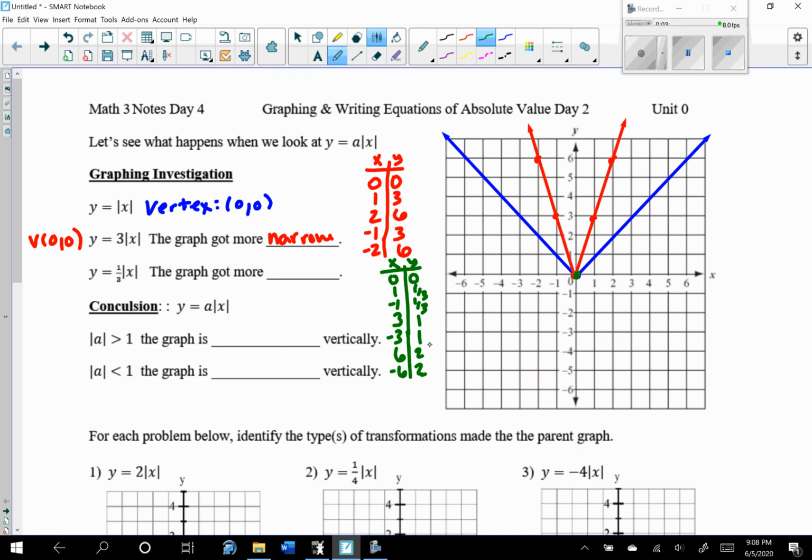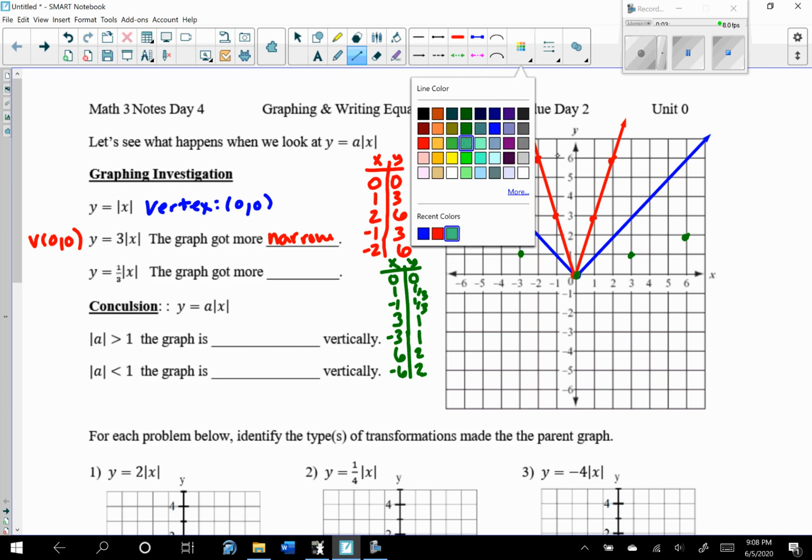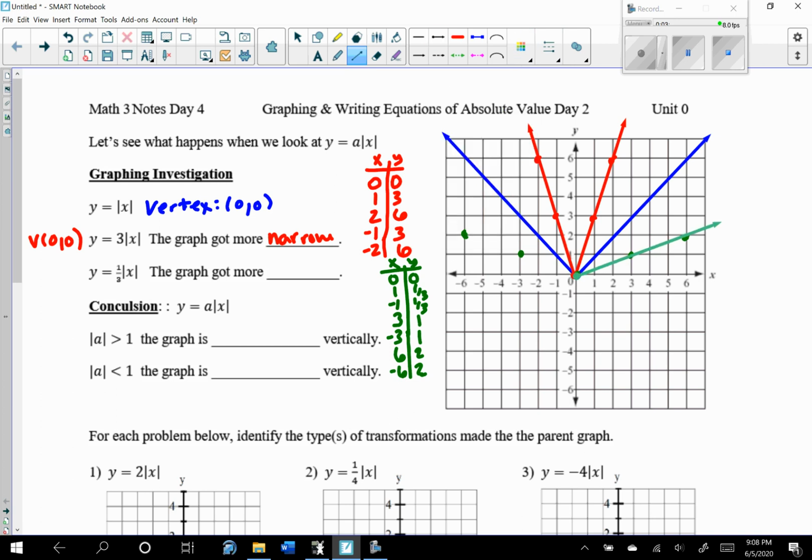So for this we have 3, 1, and 6, 2, -3, 1, and -6, 2. And again, use your ruler to go ahead and graph. And for this graph, you can see from our parent graph that it got more wide.